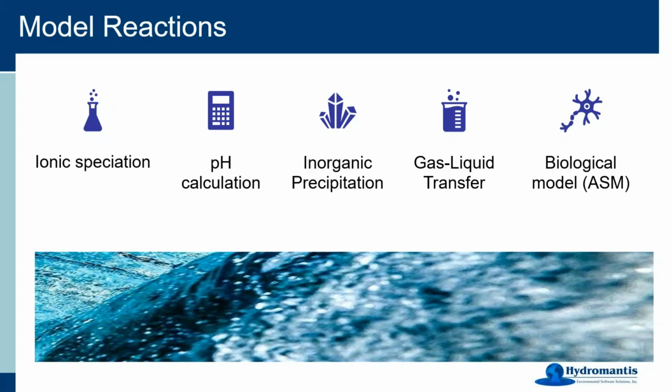And we have a simplified biological model, so it's not as detailed as the model you would find in wastewater treatment, but we do have a simple model that can do the biological reactions in the water treatment plant and take into account organic removals and nitrogen removals in the system.